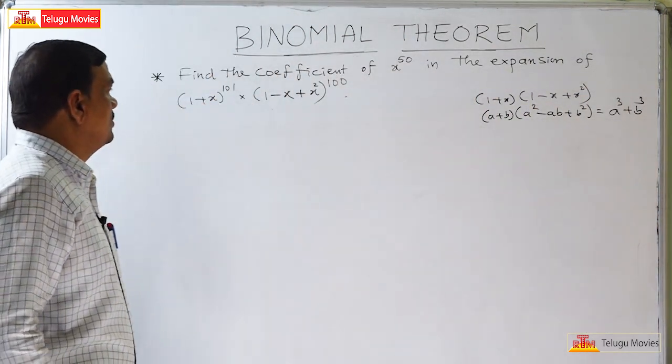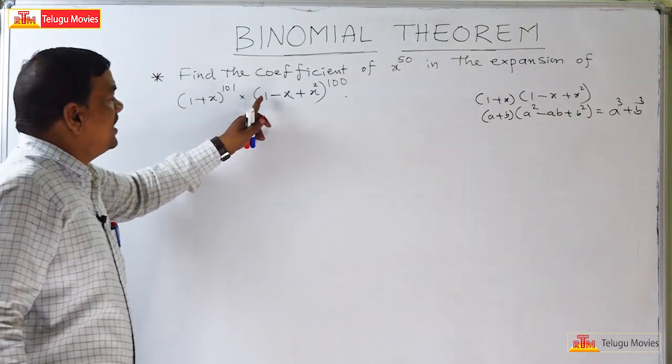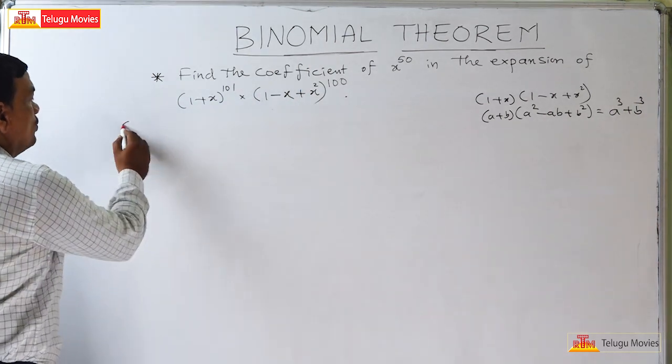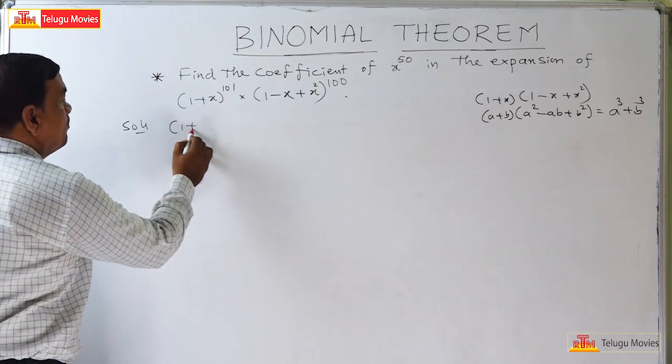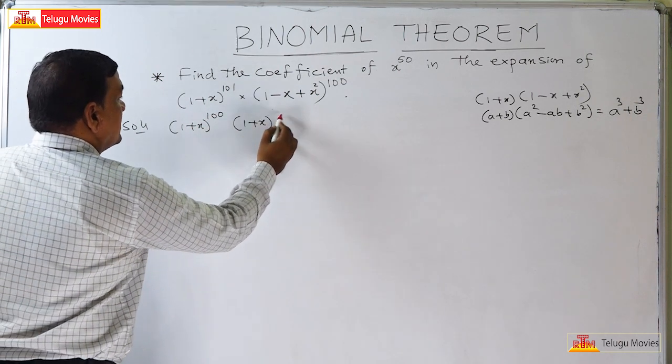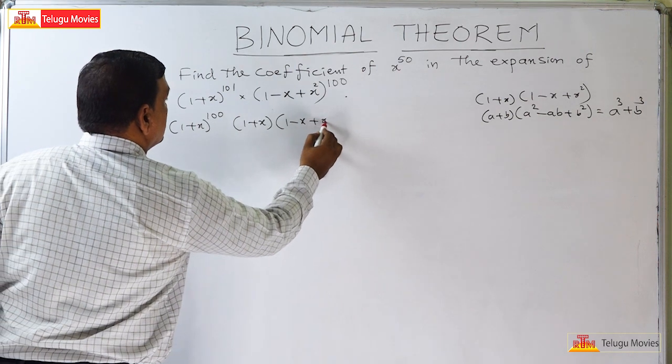Now, to write it here, 1 minus x plus x square whole power 100 is there. So I will do it like this: 1 plus x whole power 100 into 1 plus x into 1 minus x plus x square.